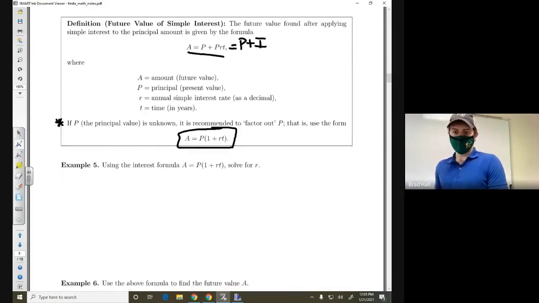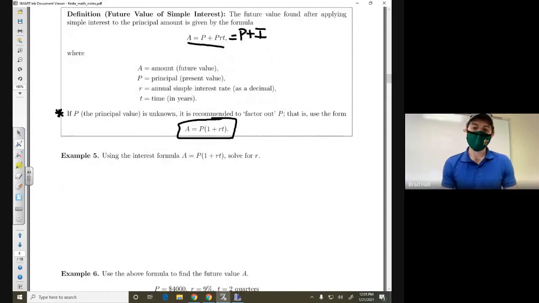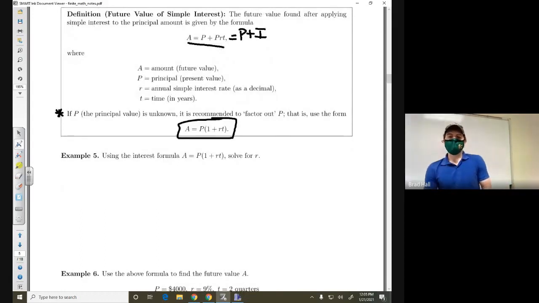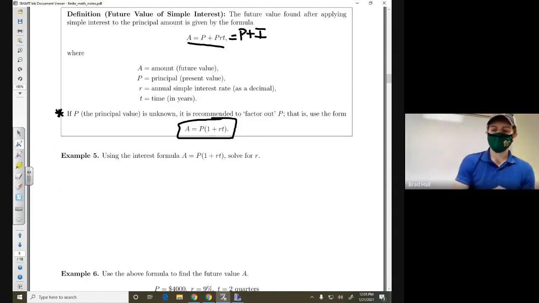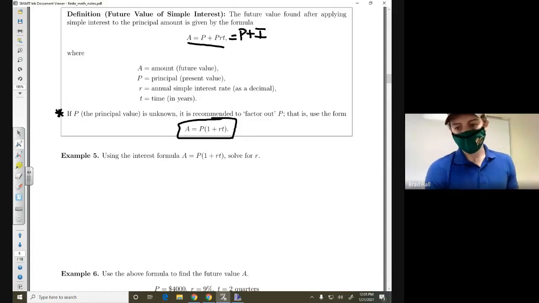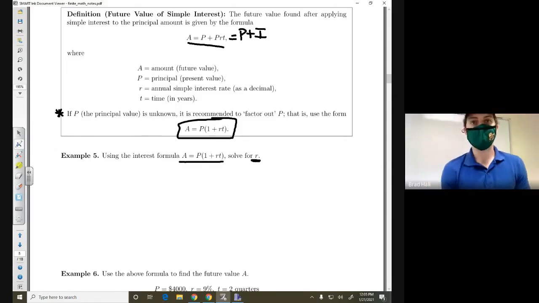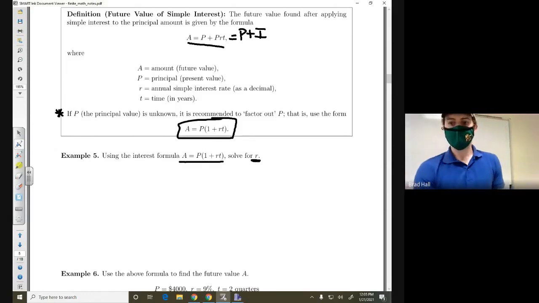Let's go ahead and skip to example 5, which is a kind of tricky algebra problem I saw in the homework that I wanted to talk about. Everyone knows how to do it. So they're telling us to start off with that form and solve for R. Now, above I said use this form that I'm highlighting right now.